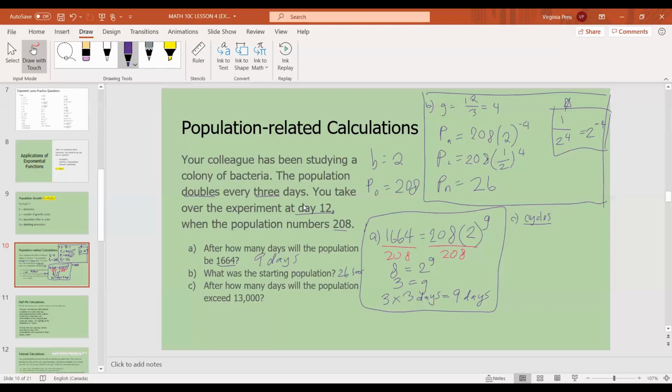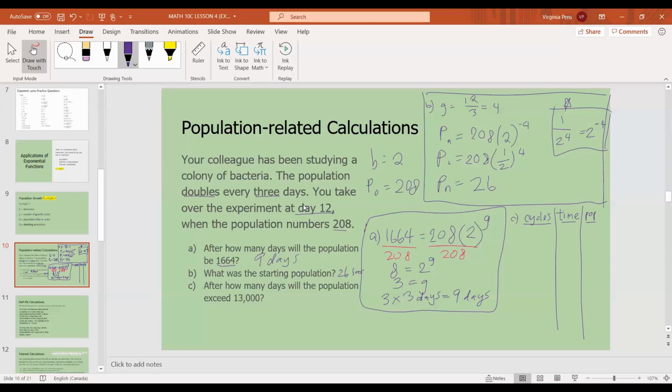We're also going to need a value for time. And we're going to need a value for population, which I'm going to shorten to pop. All right, so we want to find out how many days the population will exceed 13,000.